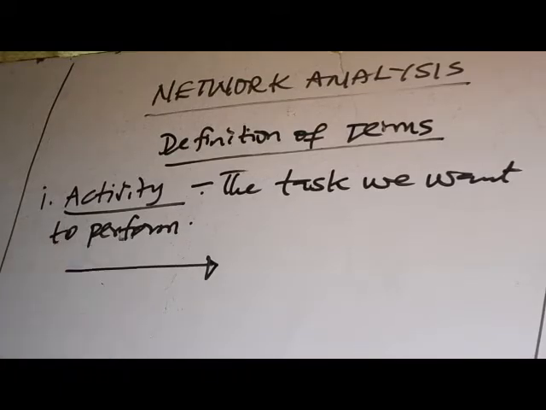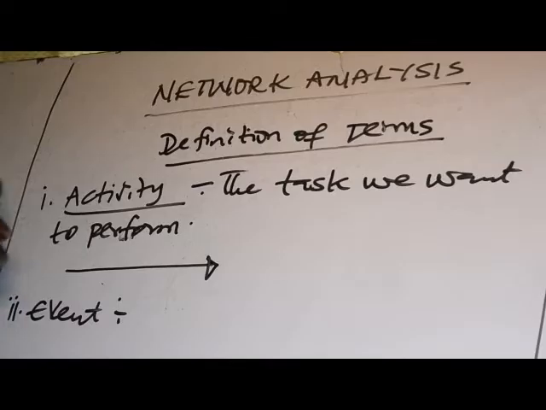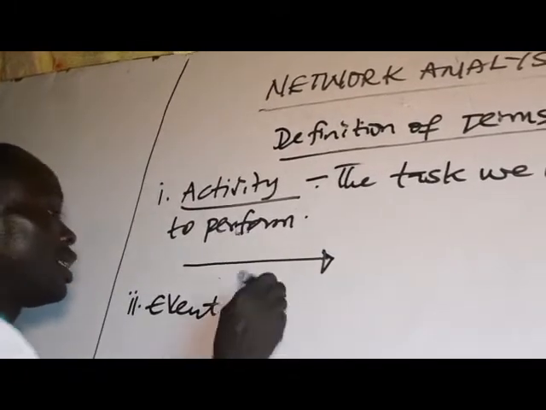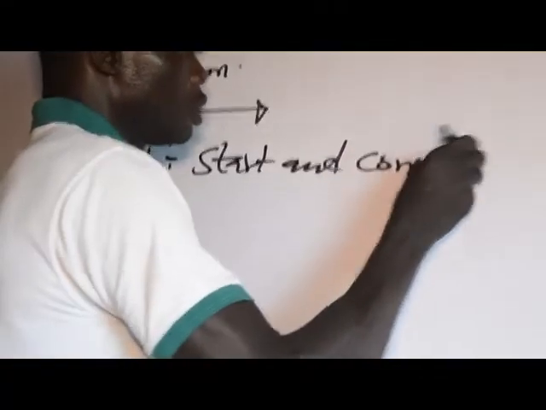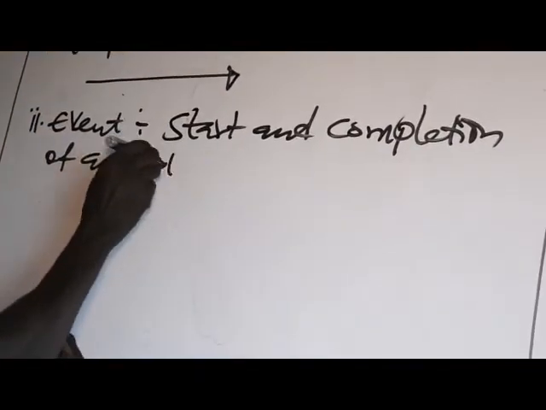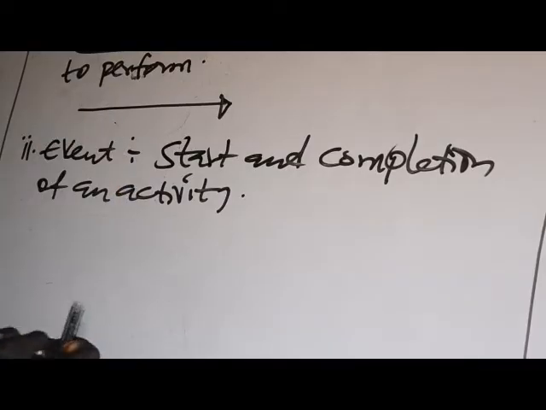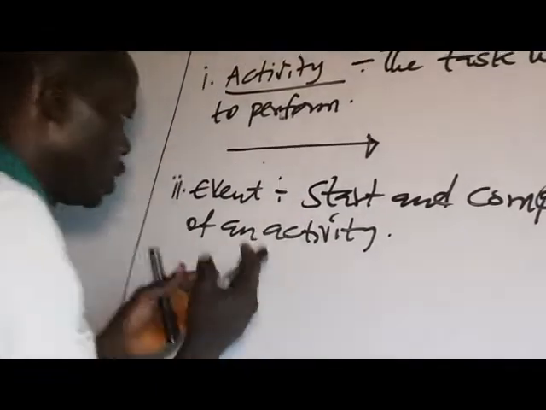That is number one terminology. Number two is events. What do you mean by an event? An event is the start and completion of an activity. It's usually represented by circles called nodes.